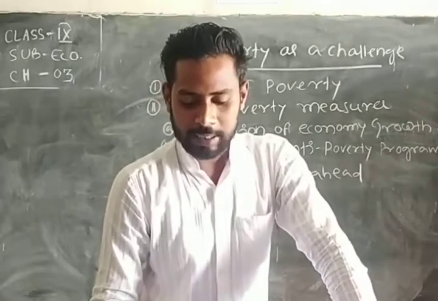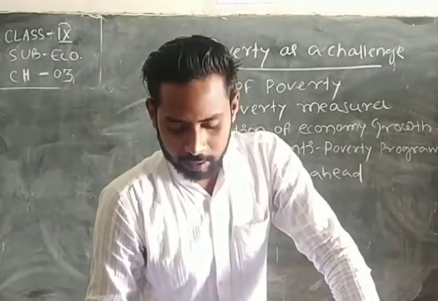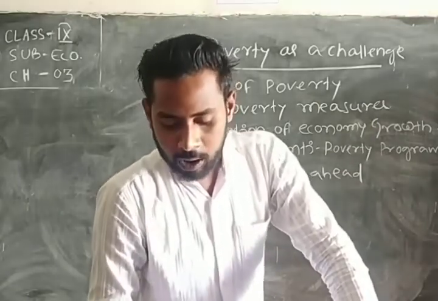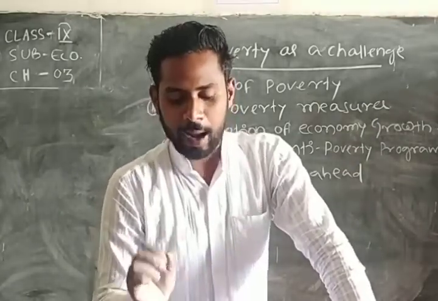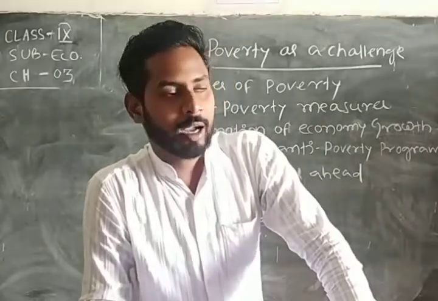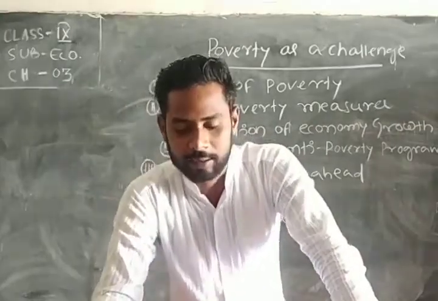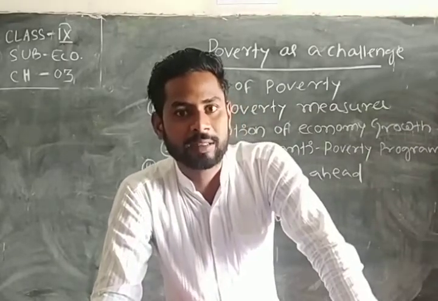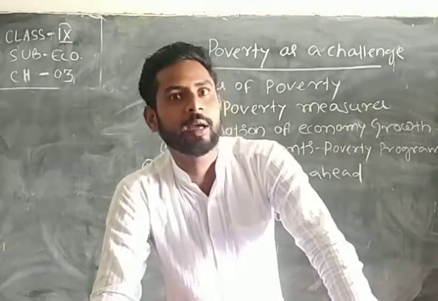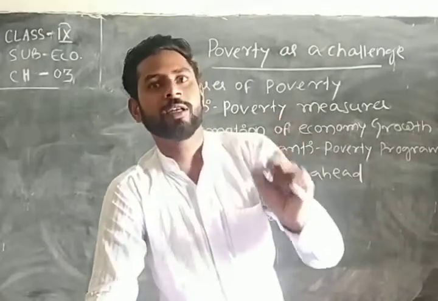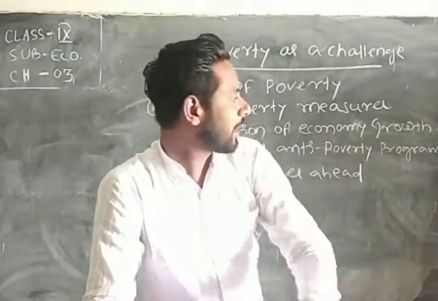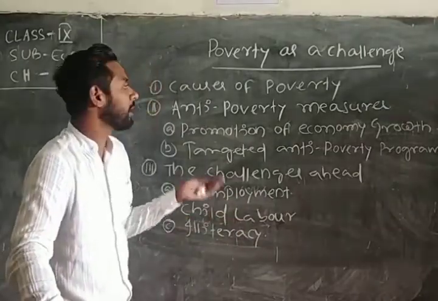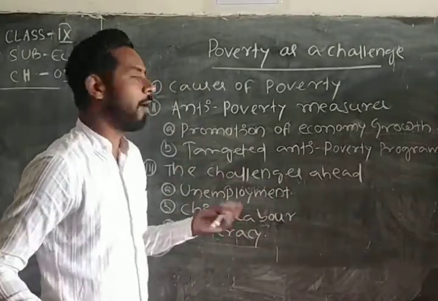It shows a link between poverty reduction and economic growth. Therefore, promotion of economic growth helps to reduce poverty. It is a fact that if a person is economically grown, then the person is stable in society. So economic growth is very important for the reduction of poverty.